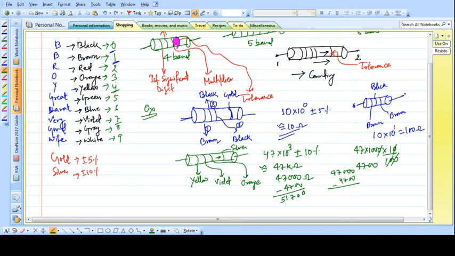In one case you add it and in the other you subtract it. 10 minus 7 is 3, and 7 here, then 2, so 42300. So the resistance value lies more or less in between 42300 to 51700.